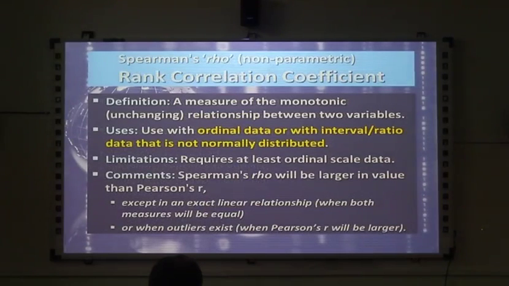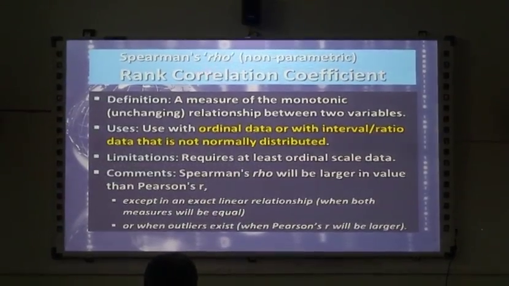The non-parametric correlation coefficient, one I use a lot in my work, is Spearman's rho. That's rank correlation coefficient. This is a relationship again between 2 variables. You can use it with ordinal data, which is very rarely normal, with interval ratio data that's not normally distributed. In fact, it happily takes any sort of data.